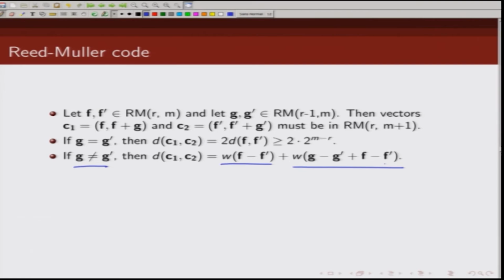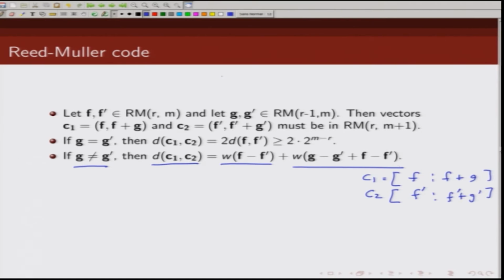So, if you have two code words, C1, which is (f, f plus g), and C2, which is (f', f' plus g'), then the distance between them is the weight of f minus f', and the weight of this minus this, and so on. That is what we are writing here: the minimum distance between C1 and C2 is given by this plus this.